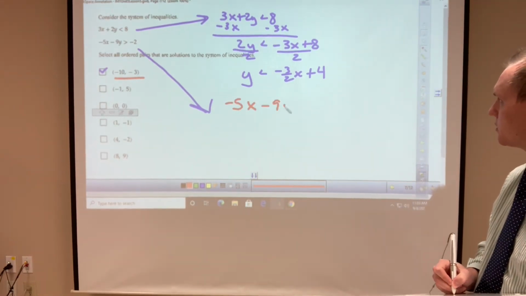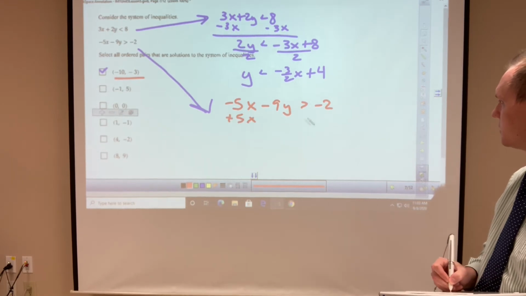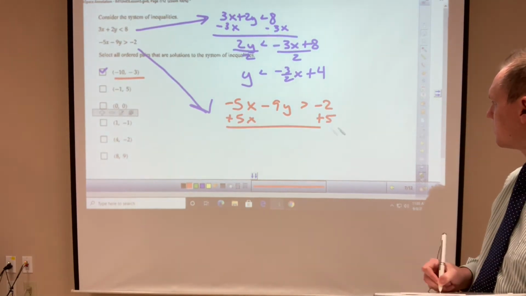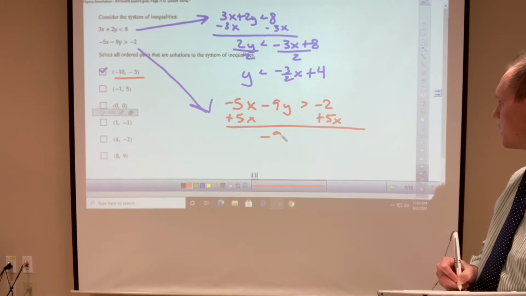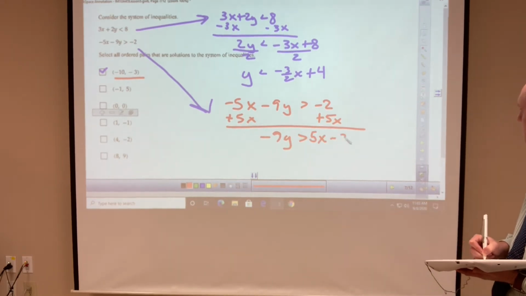-5x minus 9y is greater than -2. We're going to add 5x to both sides and get -9y is greater than 5x minus 2.